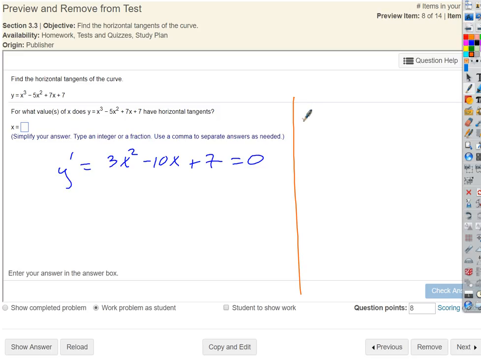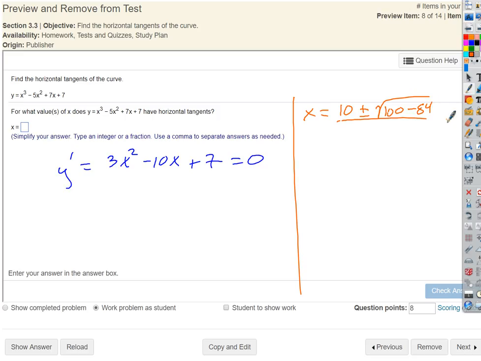So x equals what in this case? Negative b, so 10, plus or minus the square root of b squared, so what's that? 100, everybody see that? Minus 4 times 3 times 7. 4 times 3 is 12, times 7 is 84.